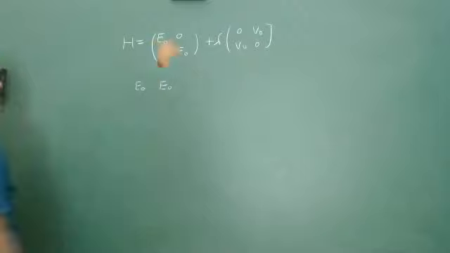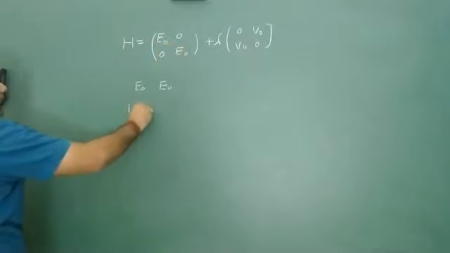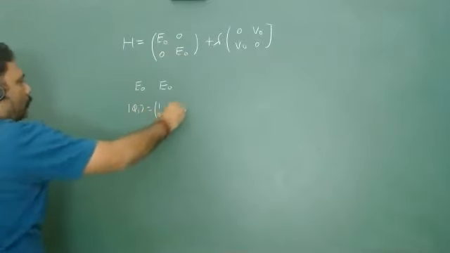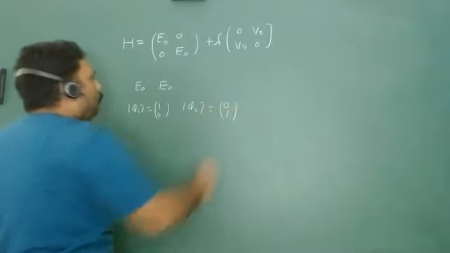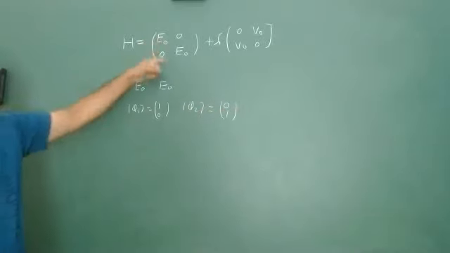This is degenerate. So you have eigenvalues E naught and E naught. This is a diagonal matrix, so you can have eigenvectors phi 1 equal to 1 0 and phi 2 equal to 0 1. And hence, are they diagonalized or not?